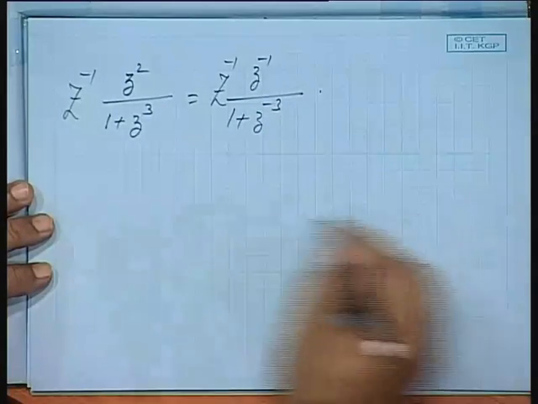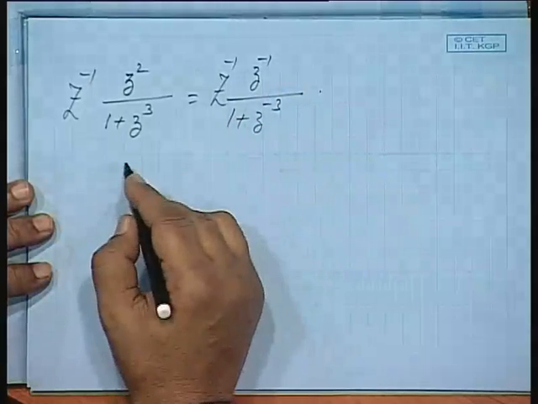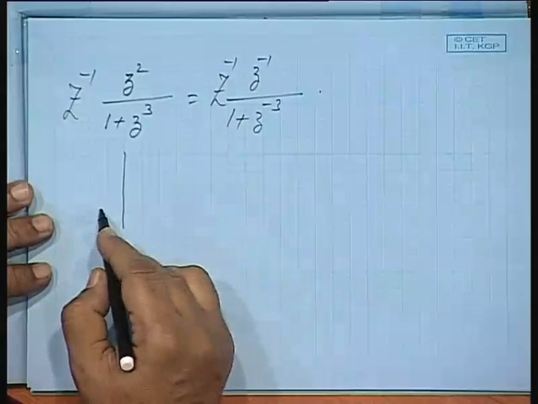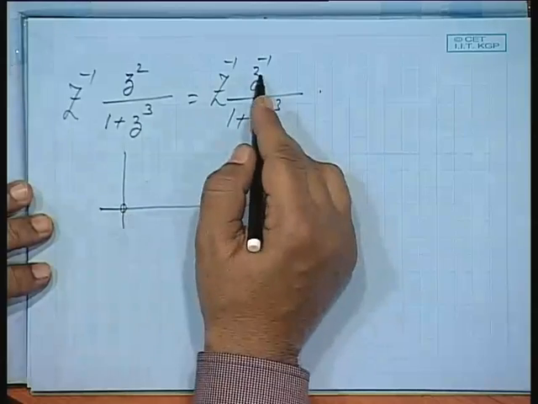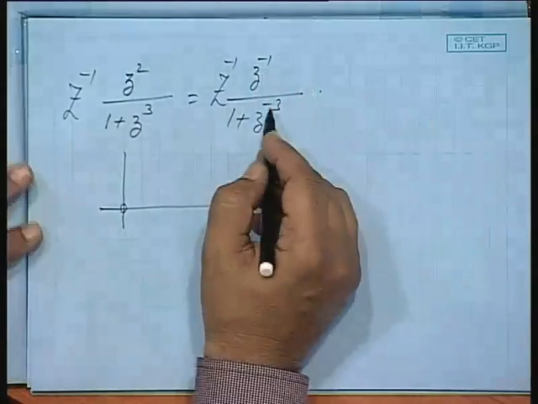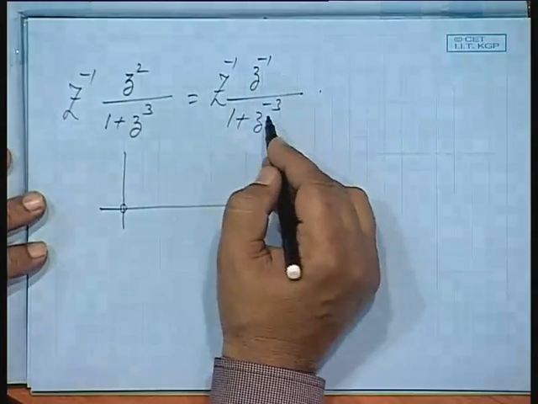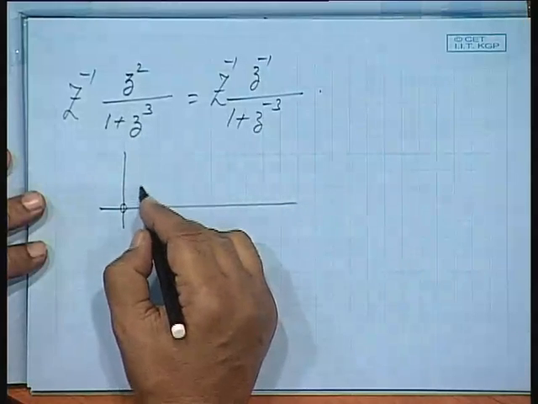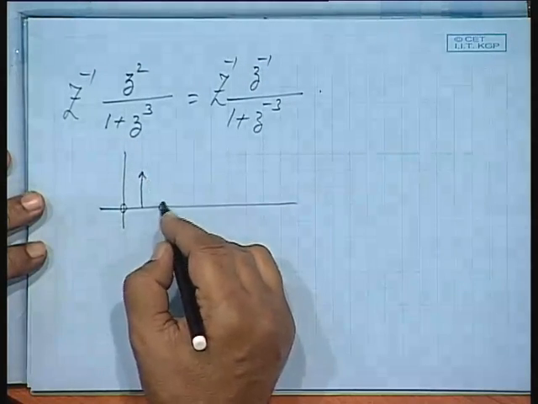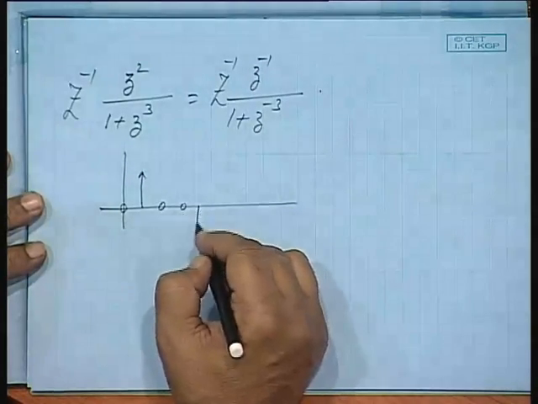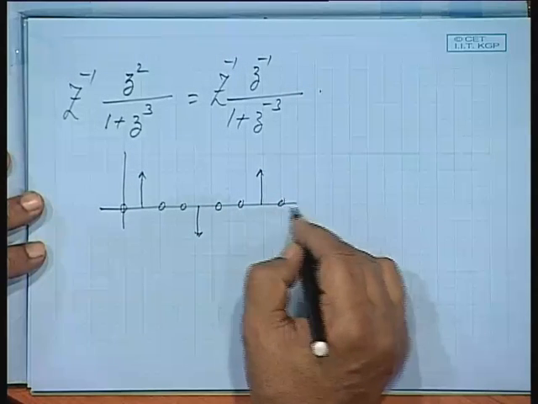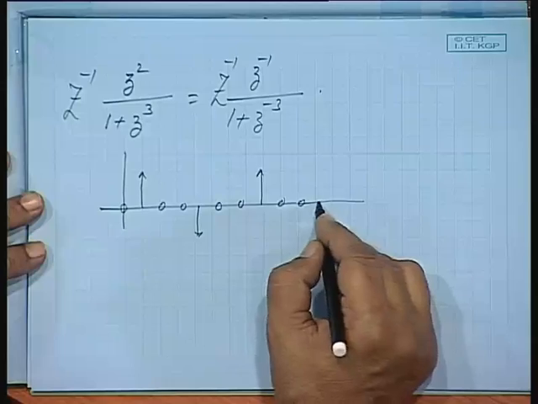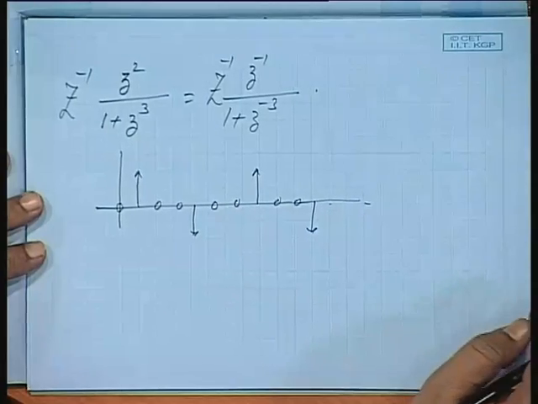Is that so? So, corresponding to this, could you please tell me the answer? First will be 0 because it will be shifted by one step, and what is the result of 1 by 1 plus z to the minus 3? It is 1 0 0 minus 1 0 0 plus 1 0 0 minus 1 and so on.